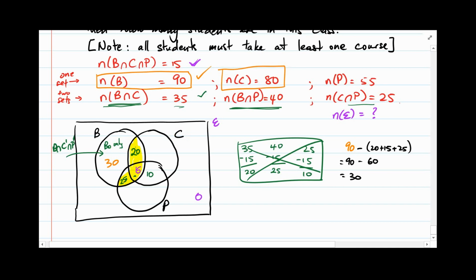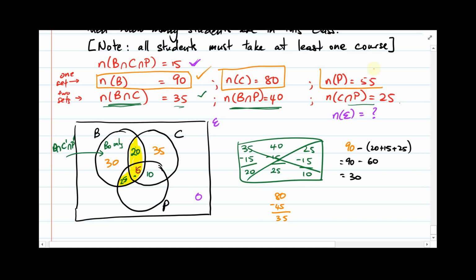However, some have been accounted for, the 20, 15, and 10. So that's 30, 45 students. So 80 minus 45, and that would give us 35. So we have 35 students who take chemistry only.